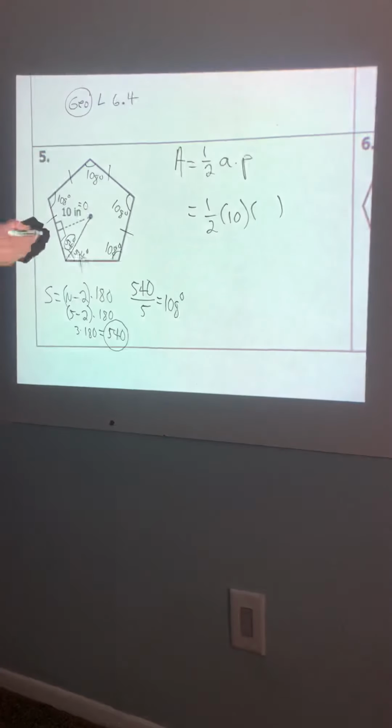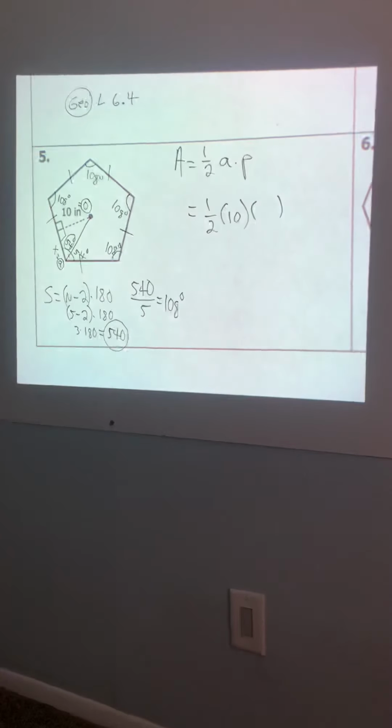Then I want to find this side right here. I'm going to put an X here, because I got to find the sides of this pentagon so I can find the perimeter. If you jump across 54, that's the opposite. But you know this is the hypotenuse, so that makes this the adjacent. Let me circle the A, let me circle the O.